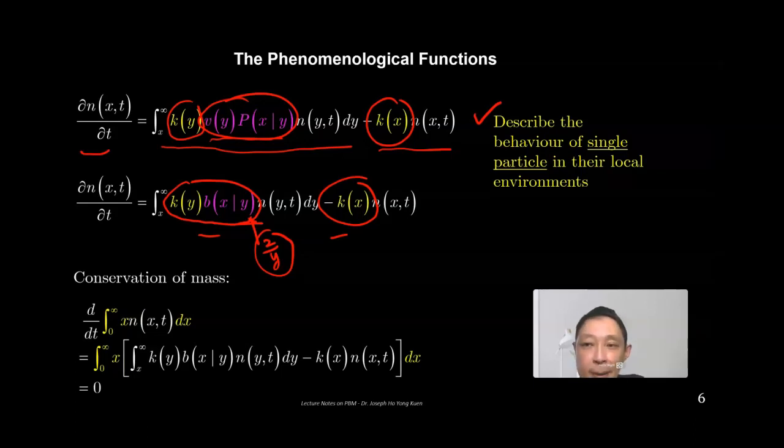In a typical system of a population of particles, we say that the first moment of any particle population is given as the integral from 0 to infinity of the internal coordinate multiplied by the number density function, for the 1D case, dx. So this is the first moment.